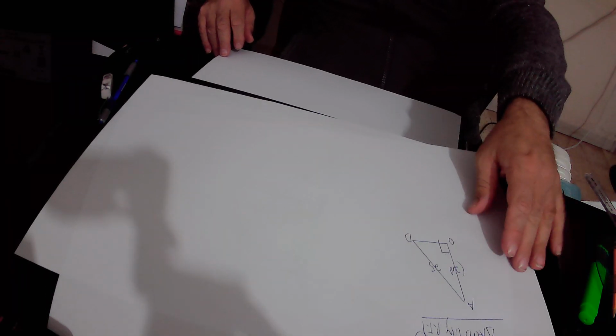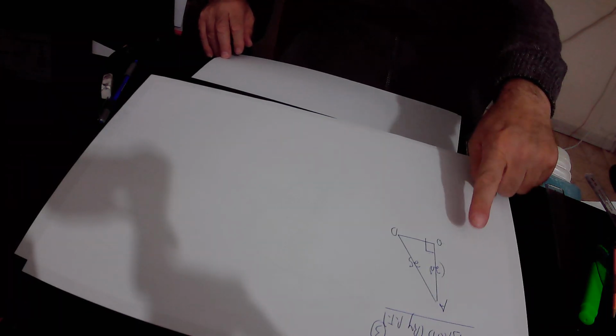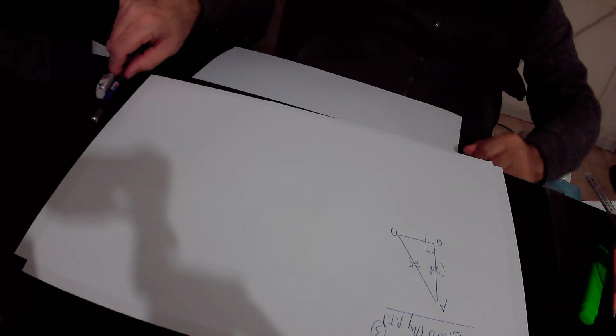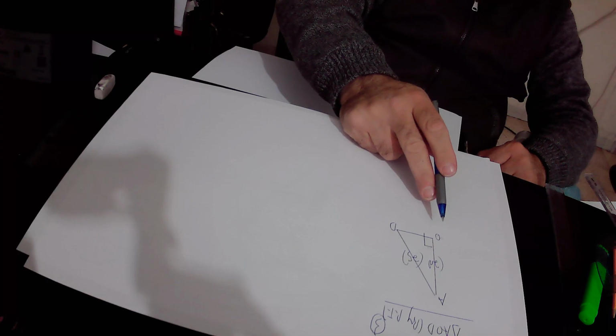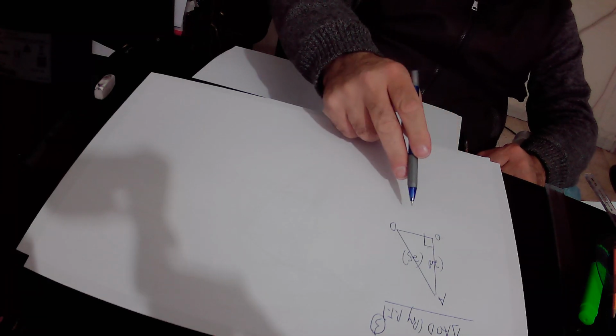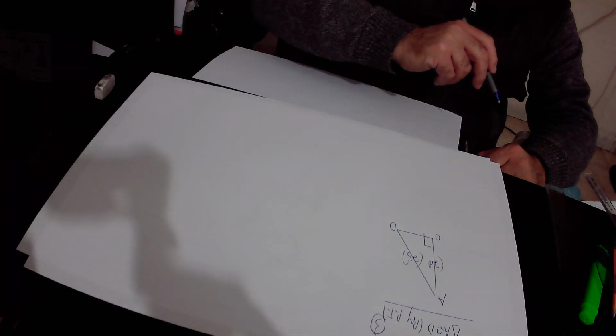So actually this is the right triangle that I copied from the original drawing. AO is the radius of the circle that is equal to 20 units. AD, the hypotenuse, equals 25 units.